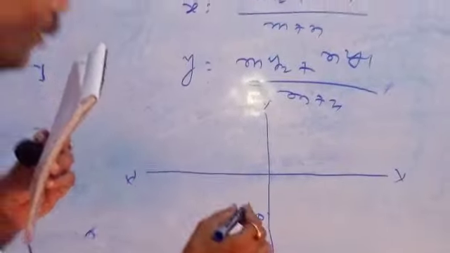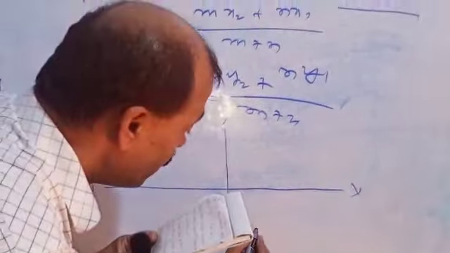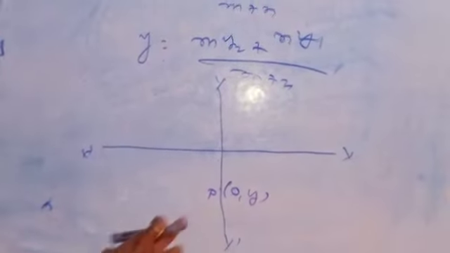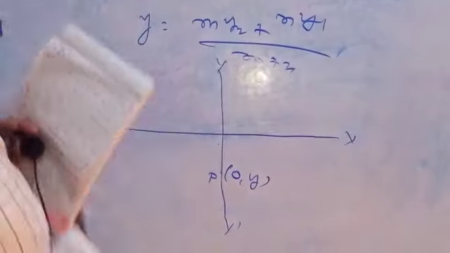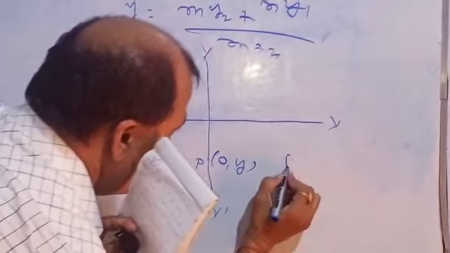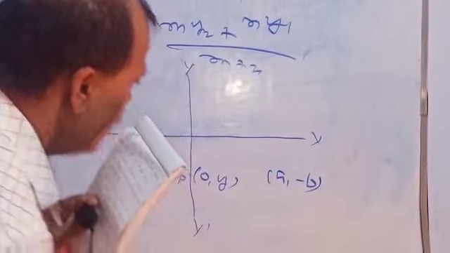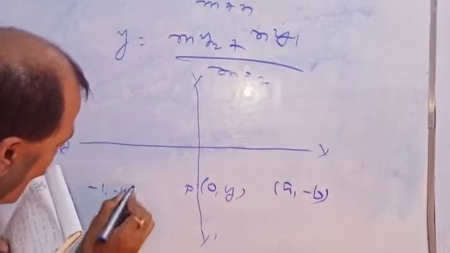So when P lies here, the abscissa of P is 0, and here is the y coordinate. The first point is (5, -6). The second point is (-1, -4).